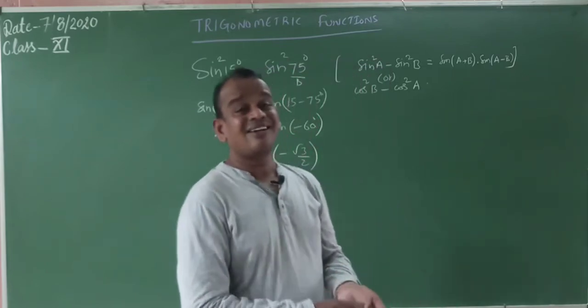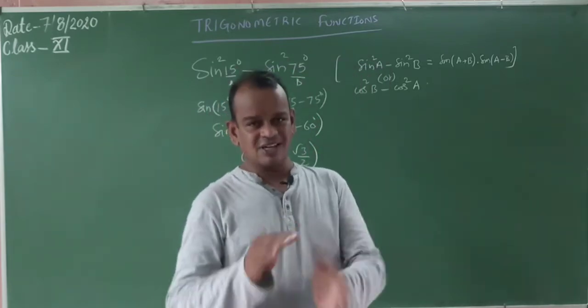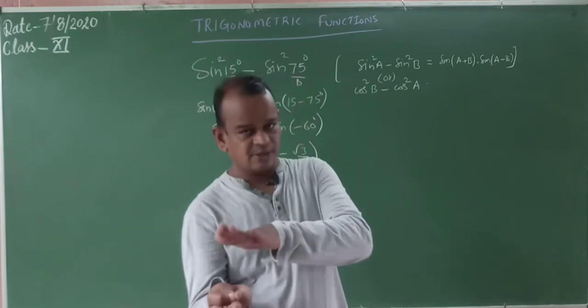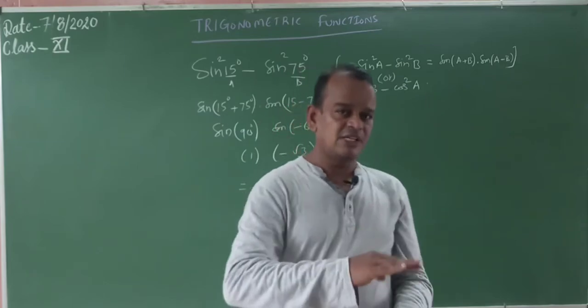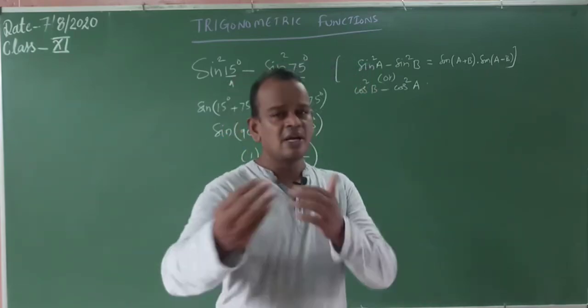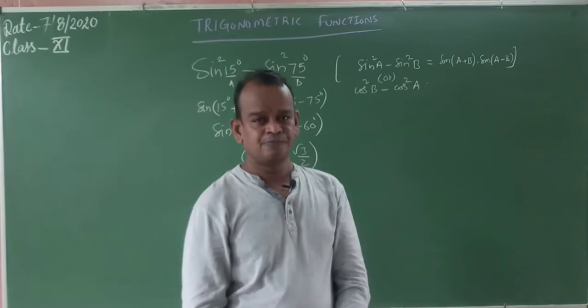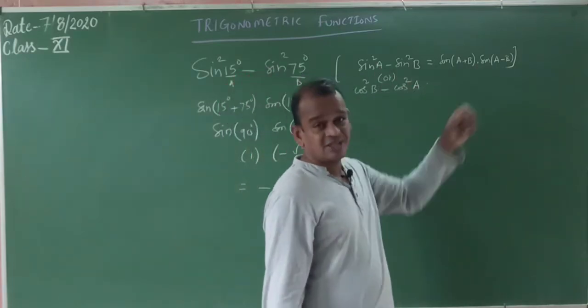That is called transformation of the trigonometric ratios. Transformation is from one form to another. Plus changes into product, minus changes into product, and product will be changed into an algebraic sum, that is plus and minus.